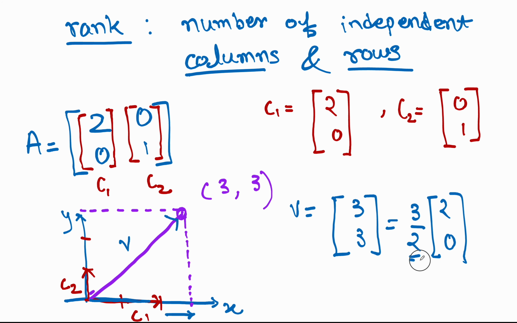You can see that this 2 will get cancelled here, and then it will be 3, plus 3 times 0 1, and alternatively we can write vector v equal to 3 by 2 c1 plus 3 c2. Okay, so I will write it again.